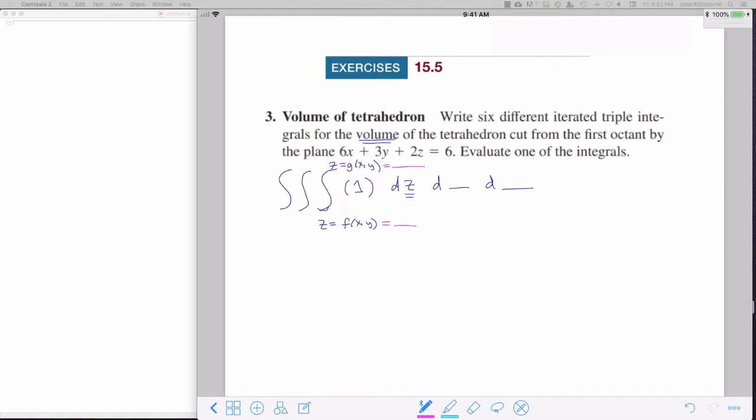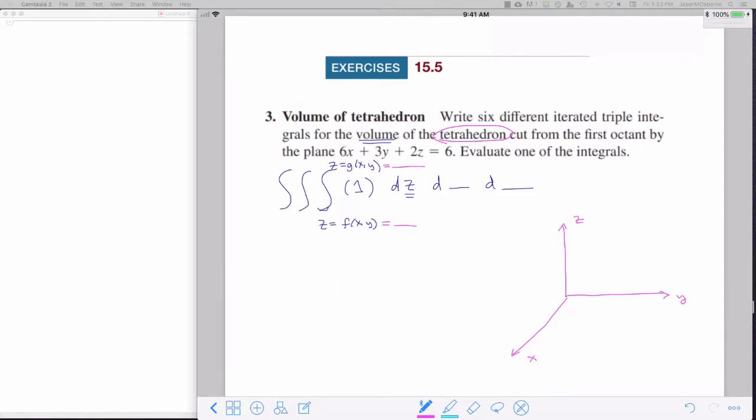Okay? Now, some sort of sketch would be helpful here. So the thing that's being asked about is that we're trying to find the volume of this tetrahedron, and I'm not quite sure what that is, so let's, well, I know what it is, but if this is the first time maybe you're seeing it, so let's think about what that is.